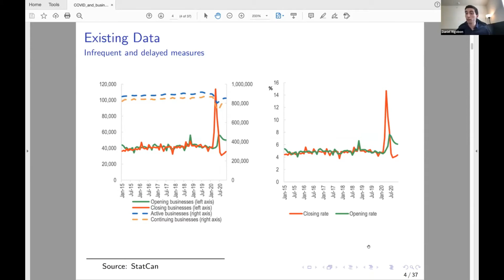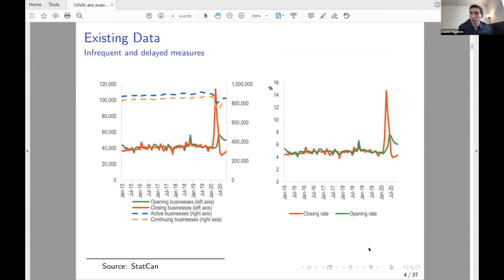The first is that they're infrequent because they're based off of administrative tax data. And finally, these measures can actually be very delayed, on the order of months. So when we think about trying to understand, for example, how a lockdown in Eastern Ontario for the past week has affected the rate of business closures, or the fraction of businesses that are temporarily closed as a result of this lockdown, it's actually very difficult to conclude anything from this data.